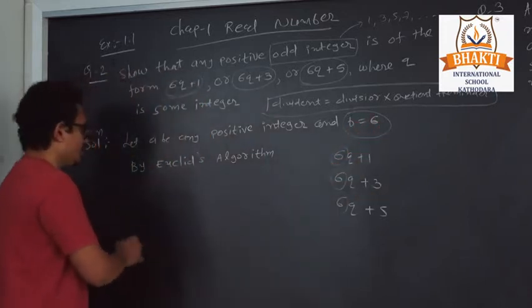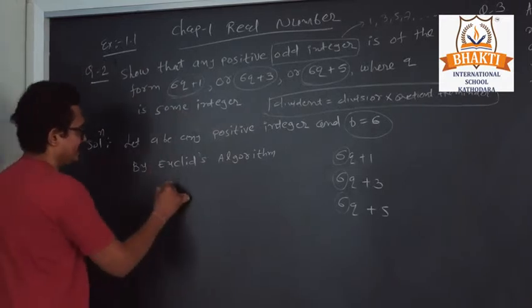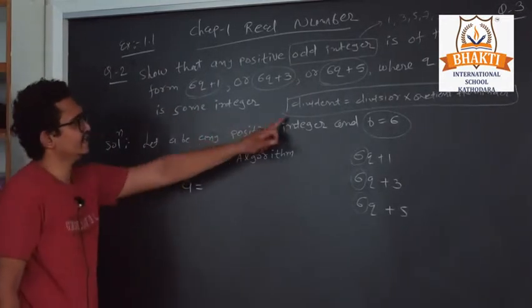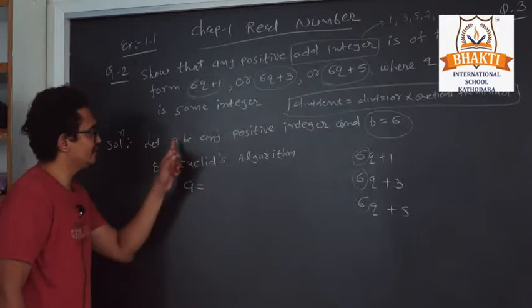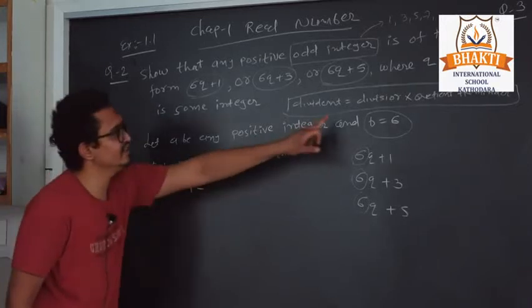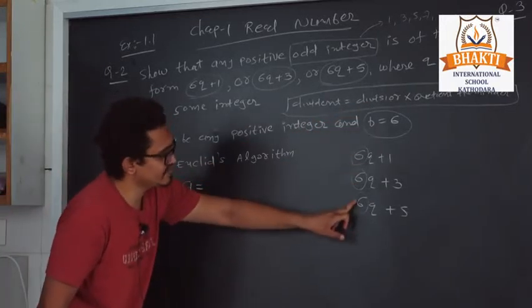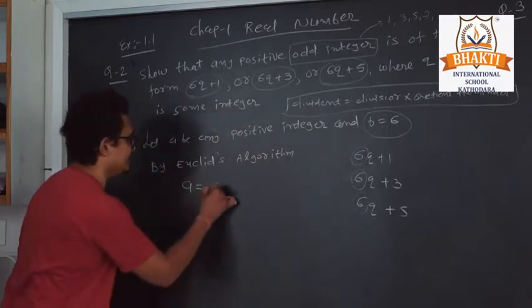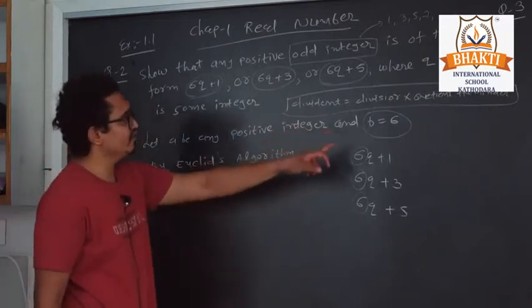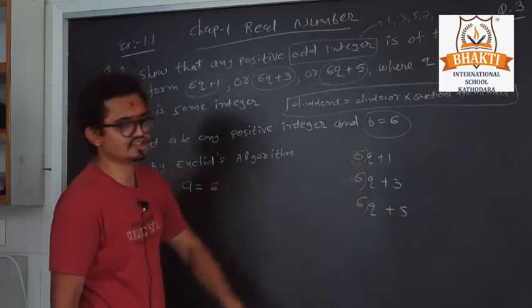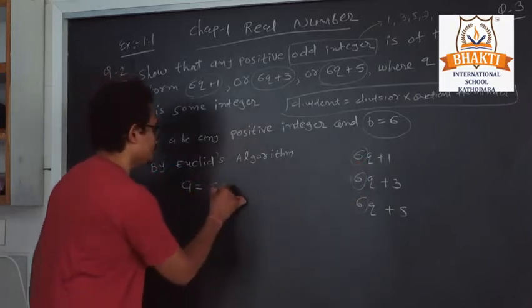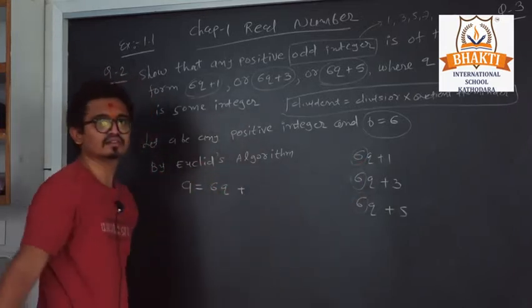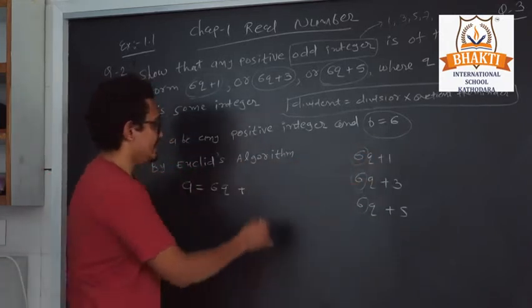Now we can write a is equal to, let's take dividend is equal to a, because we can assume a. Then what is our divisor? It will be 6. Then what is our q? q means quotient, so it will be 6 into q plus remainder.